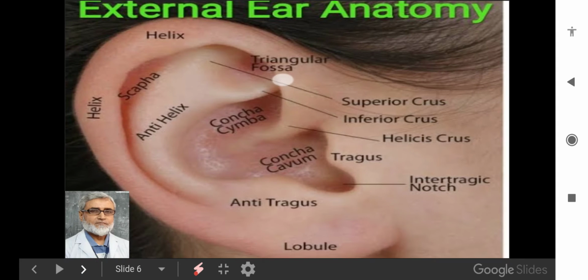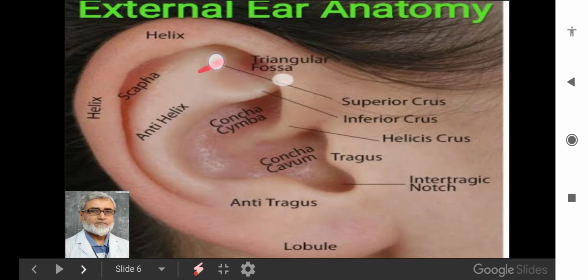Come to the next slide. Here you can see in more detail this outer, ring-like structure of the ear. The external ear has the helix, and the scapha, antihelix, triangular fossa, and superior crus.